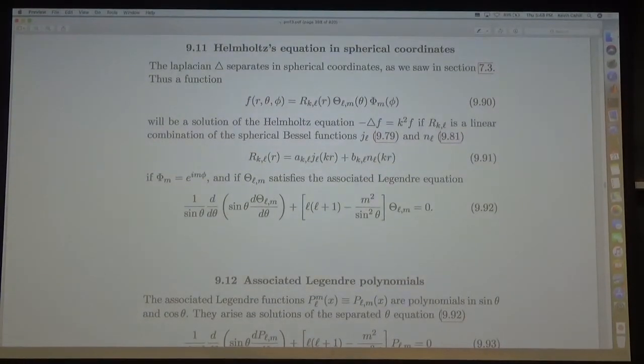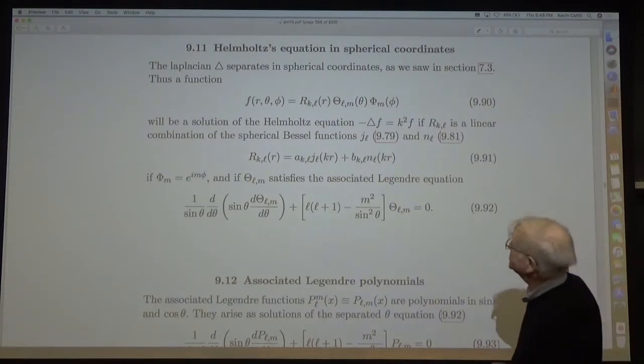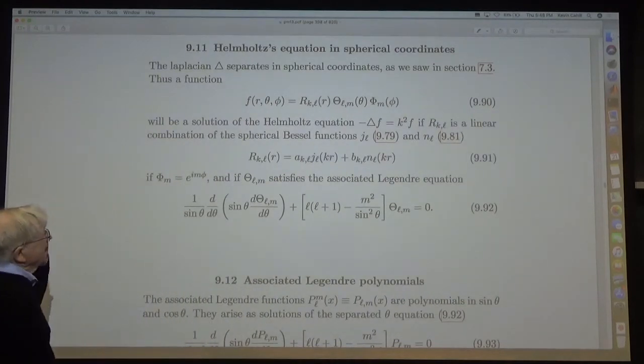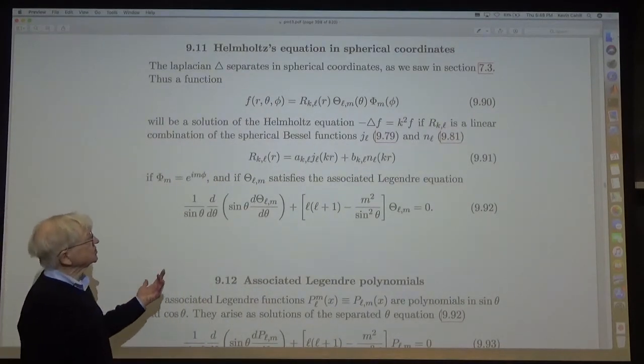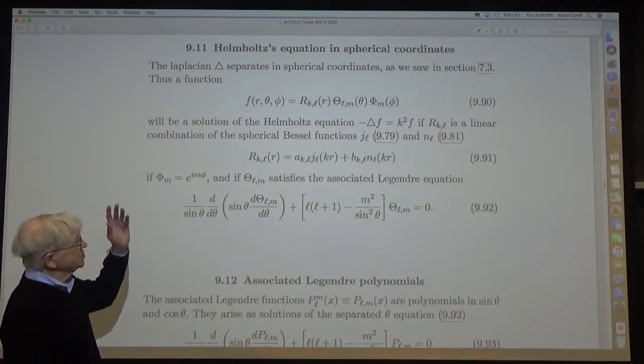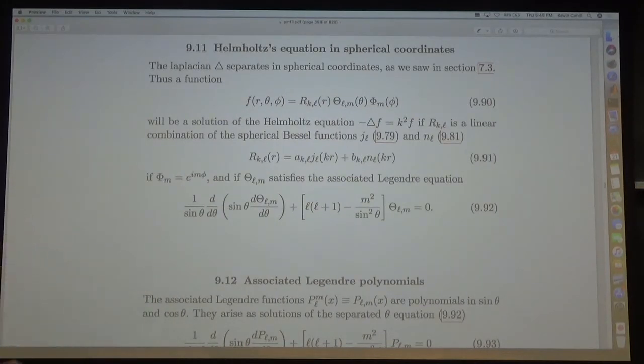Let's go to spherical coordinates. Then we know that Helmholtz's equation, or the Laplacian, effectively separates in spherical coordinates. And so we get a radial function depending on k and l, a polar function theta of l and m, and then an azimuthal function phi.